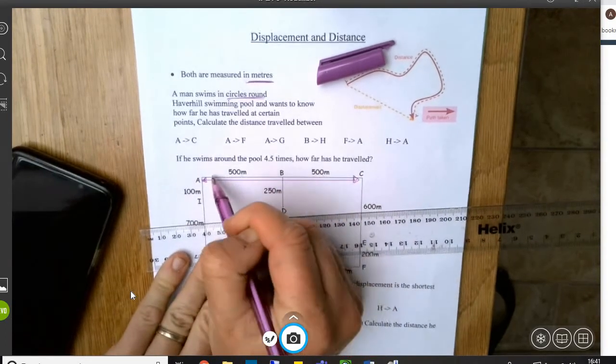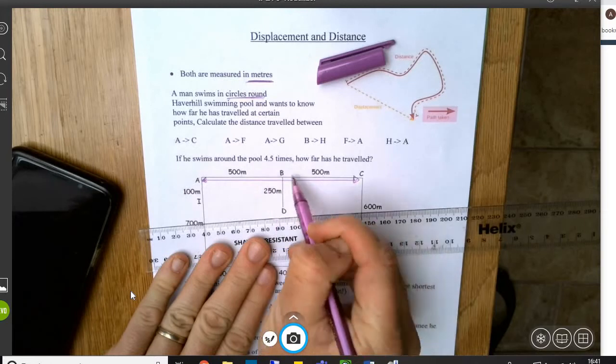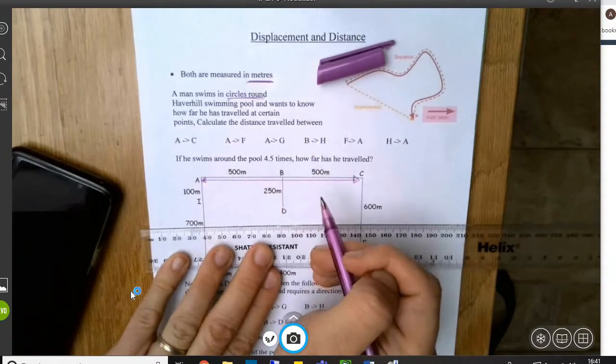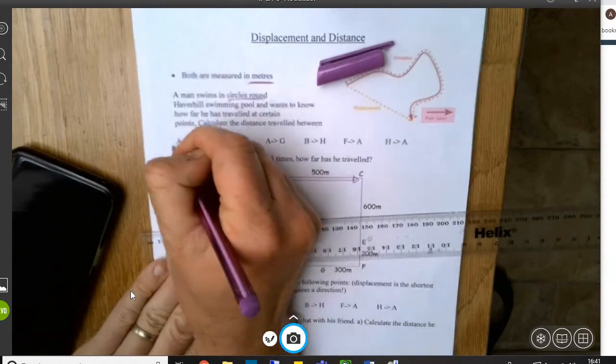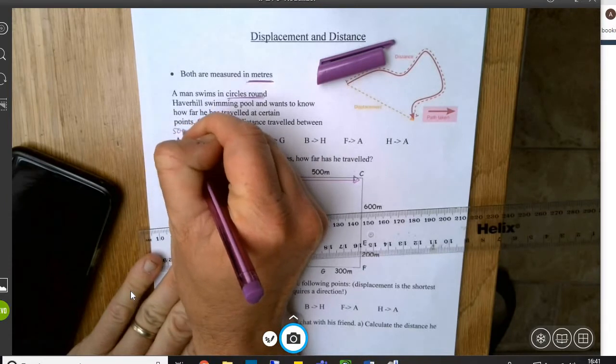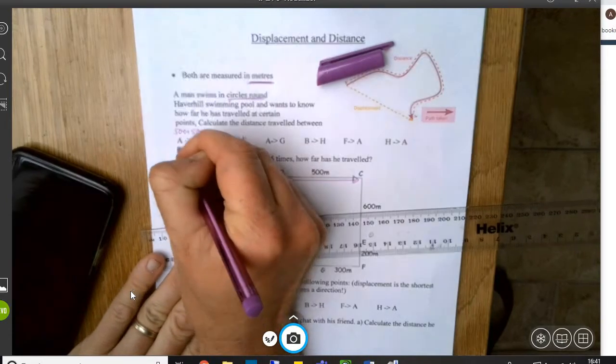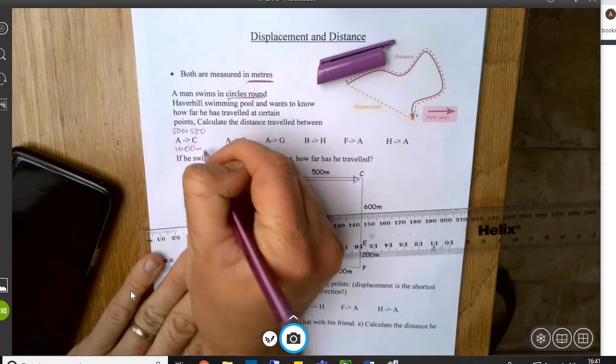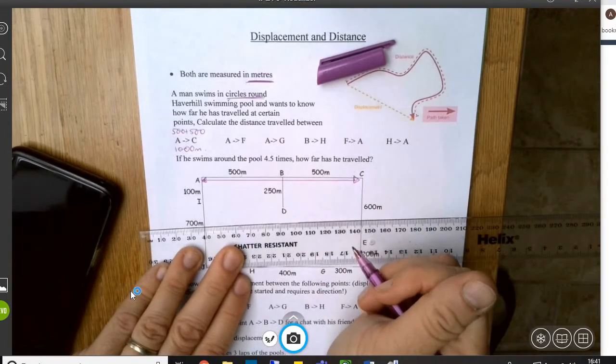These distances that you can see are between the 2 points on the sheet. So he has travelled 500 plus 500, which equals 1,000 meters or 1 kilometer.